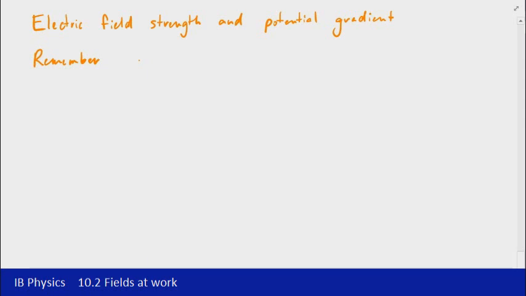I want to just remind you that electric field strength, what we interpret that to mean, and we consider it to be electric field strength at a point is the force per unit charge.